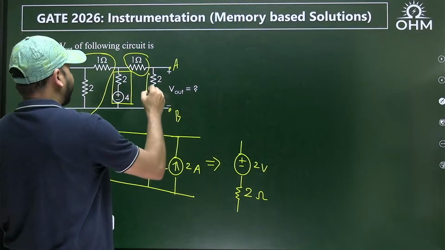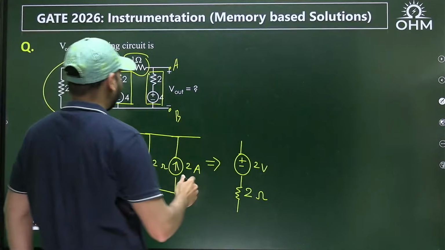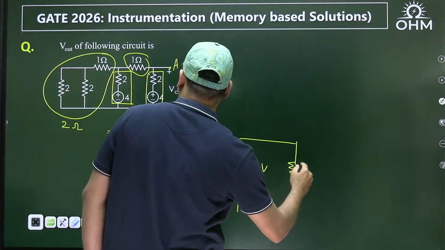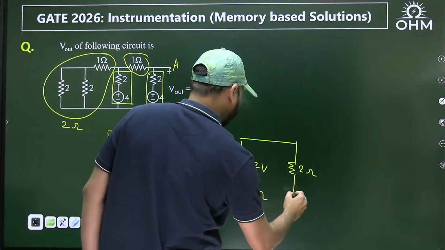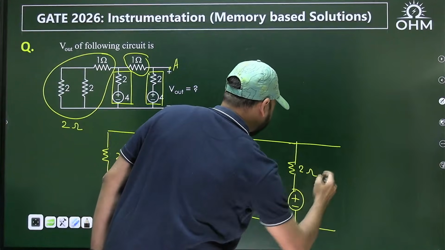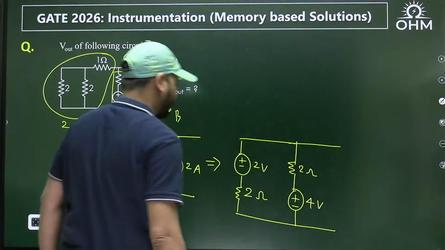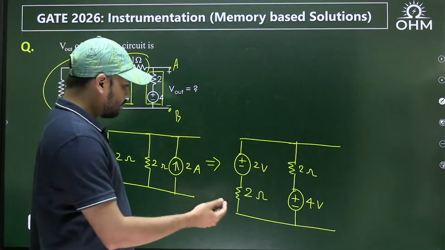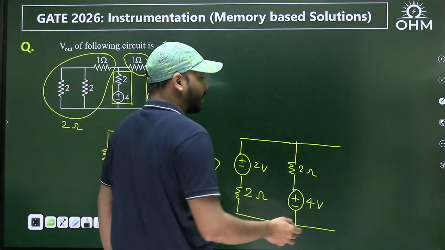And then I'm going to draw this branch, which is 2 ohms. And then 4 volts. That's all. Now it is a single loop, for which you can easily find the loop current.